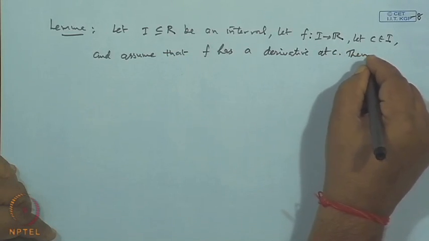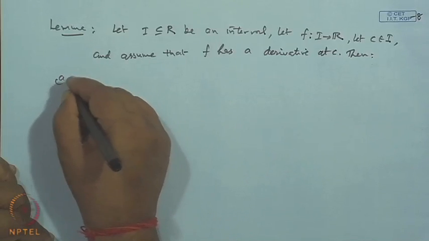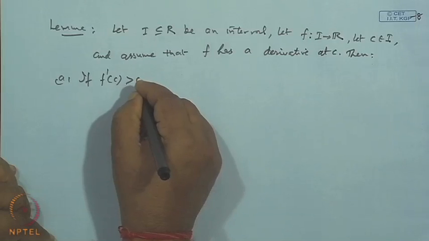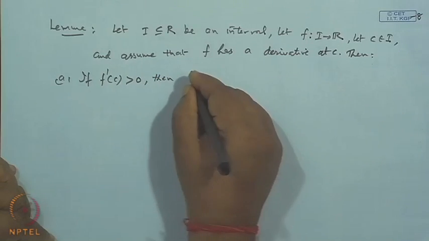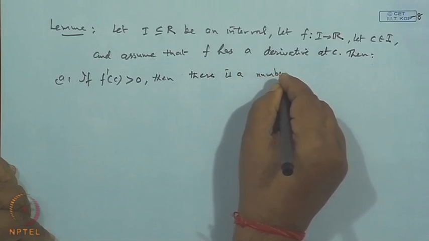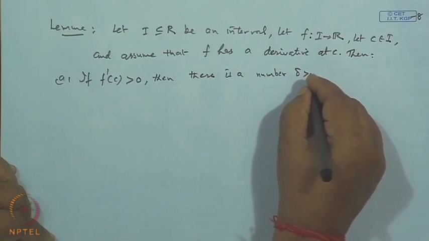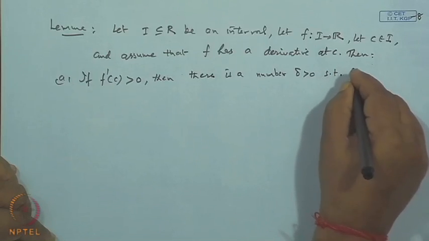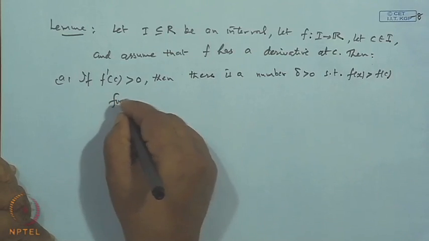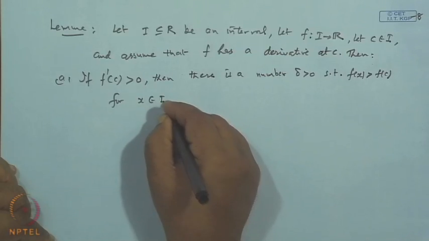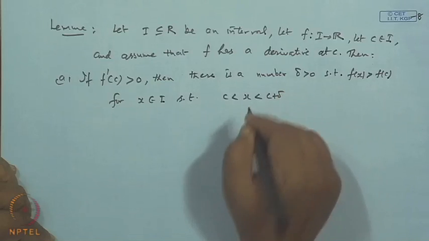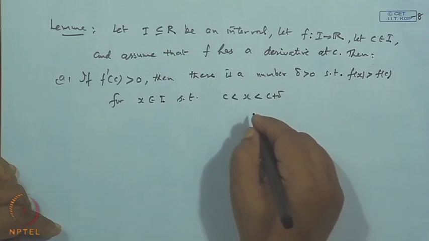Then this lemma says: if the derivative of a function at the point c is strictly greater than 0, then there is a number delta greater than 0 such that f of x is greater than f of c for x belonging to I, such that x lies in the right hand side of the neighborhood of c.